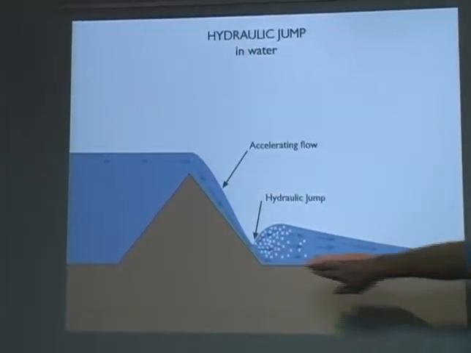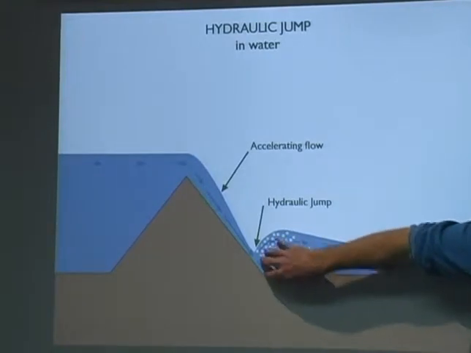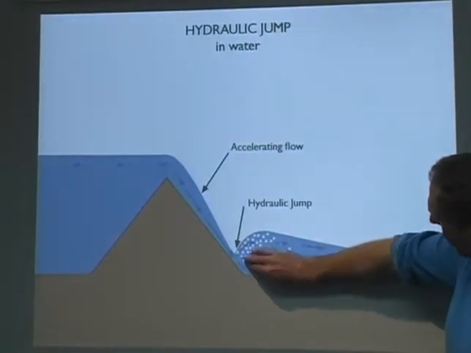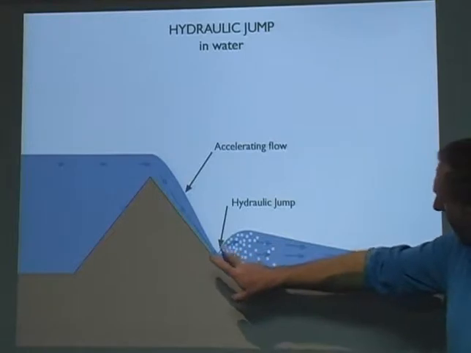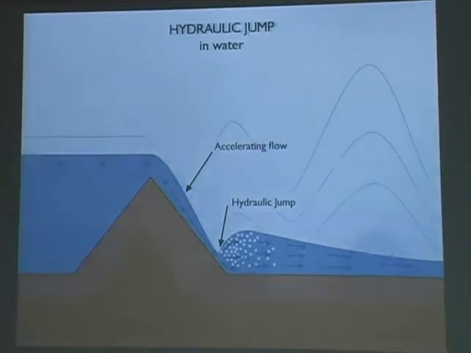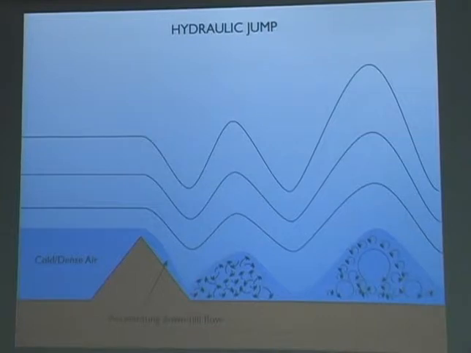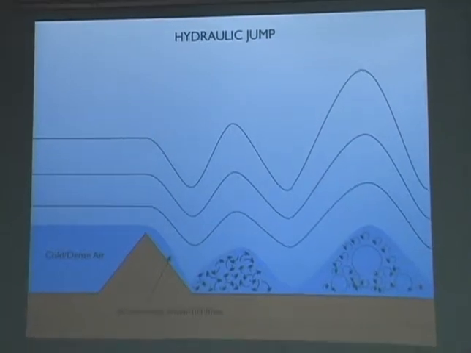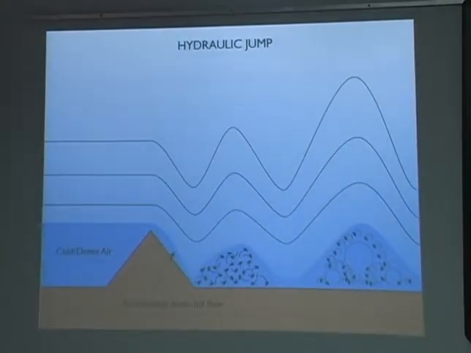The mean flow, again, this is a very turbulent area here, but the mean flow is that there's some up here, and then it just comes this way. In the next one, this is what it looks like in air. So you have cold, dense air.